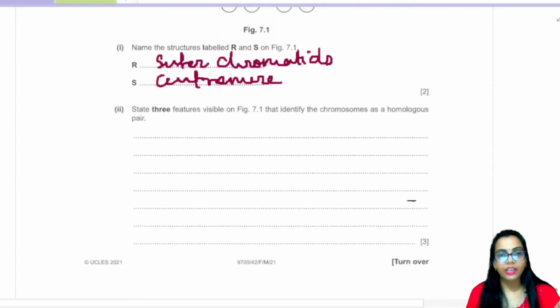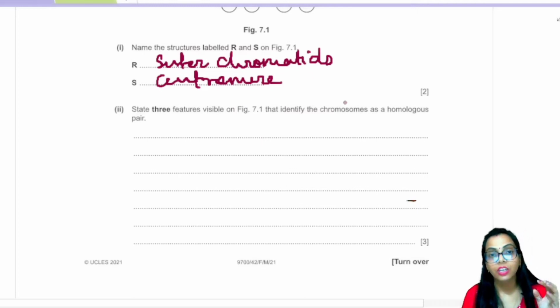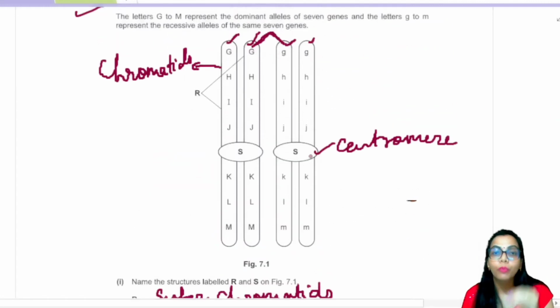Okay, now the second question is, state 3 features visible that identify the chromosomes as a homologous pair. So what are the features that show that the two given are homologous chromosomes? The same length, same location of the centromere, and the same type of genes.